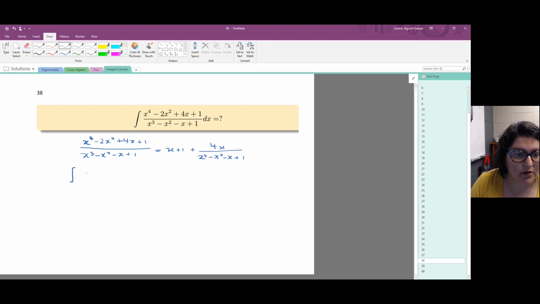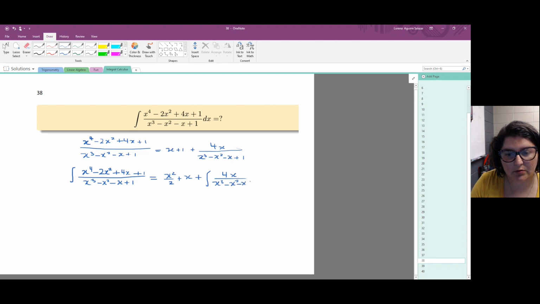So here we write the integral of the quartic polynomial plus 1 over the cubic polynomial is equal to the integral of x plus 1, that's x squared over 2 plus x, plus the integral of 4x divided by x cubed minus x squared minus x plus 1.